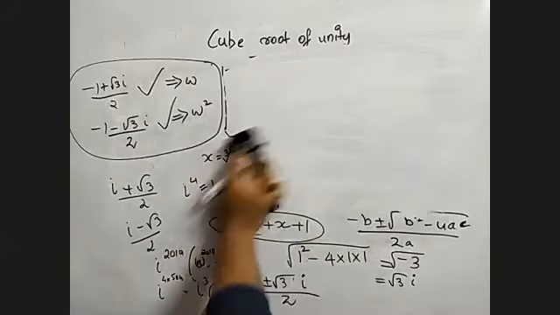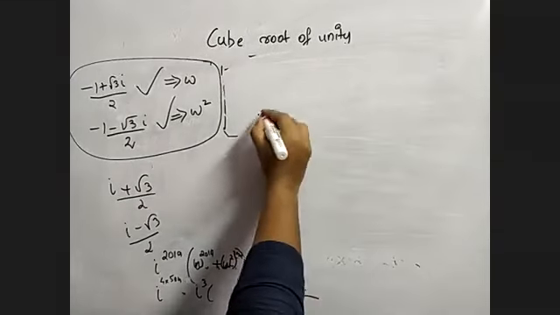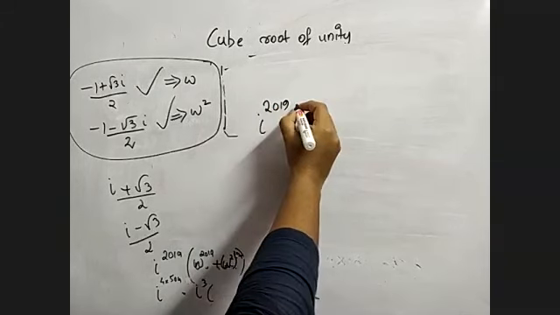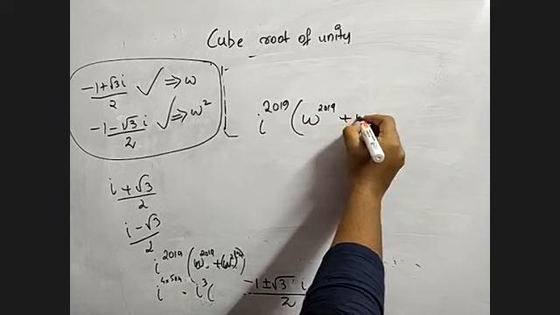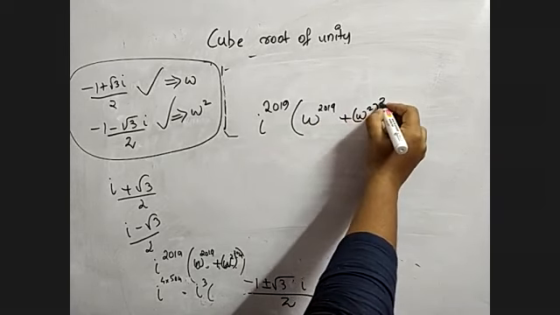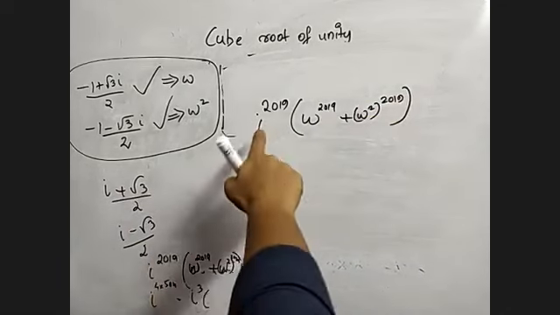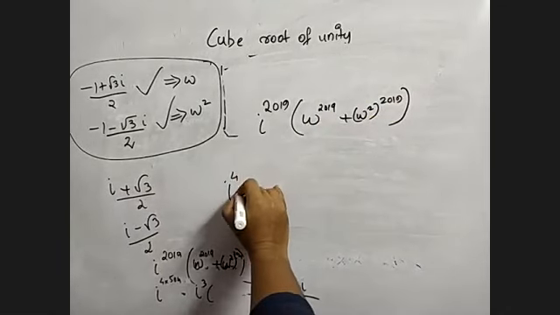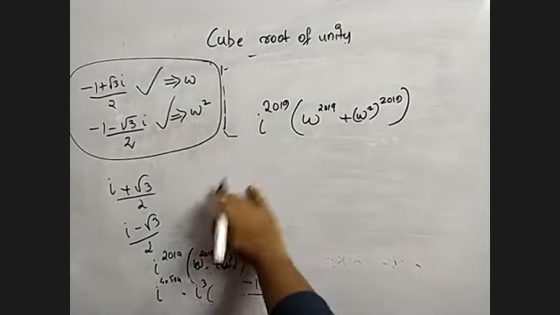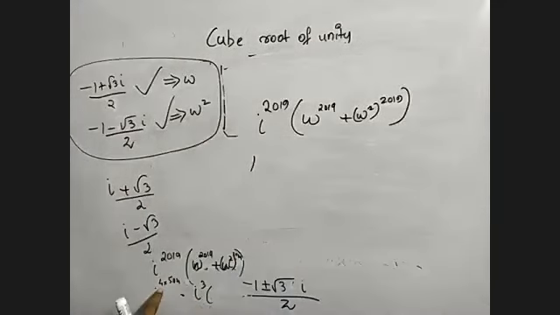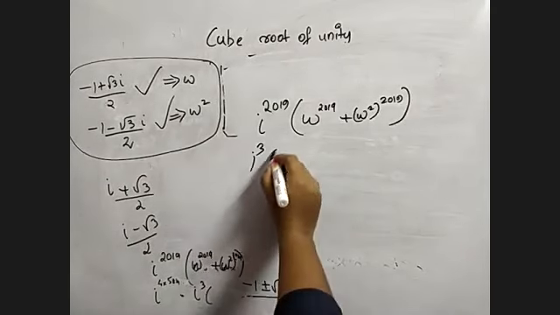See, yesterday's question, we reached this much: i raised to 2019 into (omega raised to 2019 plus omega square raised to 2019). For simplifying this, because i raised to 4 is 1, I wrote i raised to 4 into 504 into i cube, so only i cube will be there here.